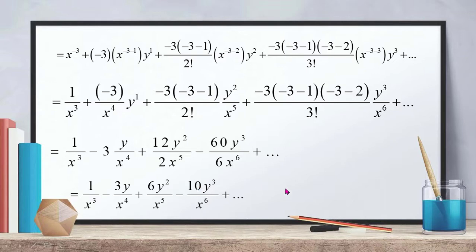So I can easily guess what that will be. It's obviously going to be 4 plus 1, which will be what? 5. So 5 plus 10 will give me 15. So the term which is supposed to be here will be positive 15 y to the power 4 divided by x to the power 7, and so on and so forth.